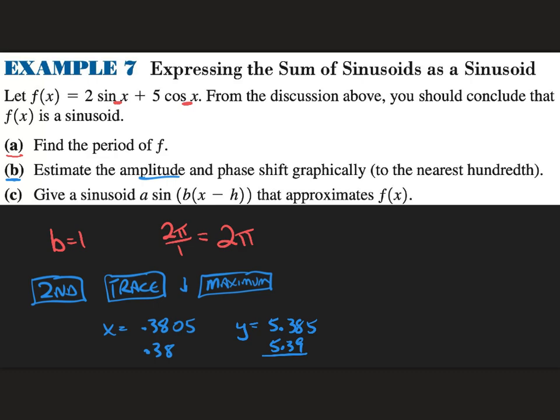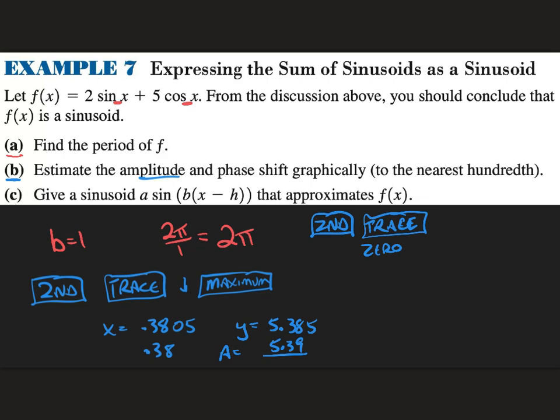And we want the phase shift graphically. Okay, so that was to get the amplitude. Now to get the phase shift, we're looking for a 0. Do second, trace again. This time we're looking for a zero. So we go down to zero, click that, touch 3, hit the arrow down, hit enter.